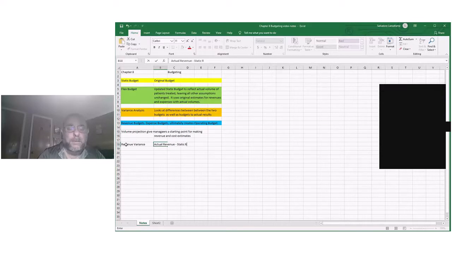When I say actual revenue, that's the actual revenue you got during that period, and the static revenue is the one that you had budgeted in the original budget. So whenever you hear the word static, that's representing the original budget.